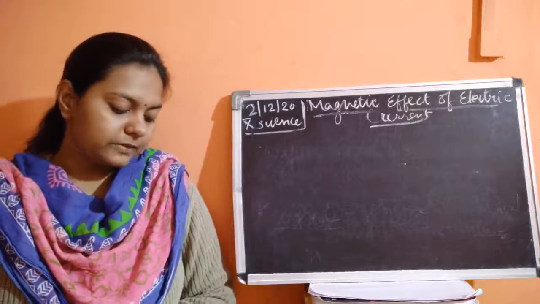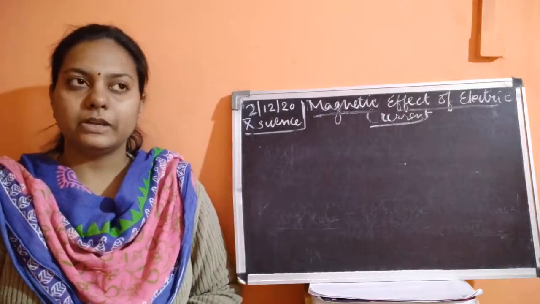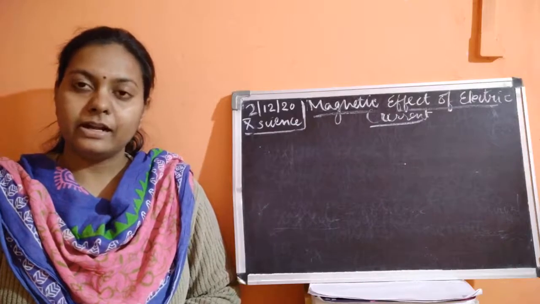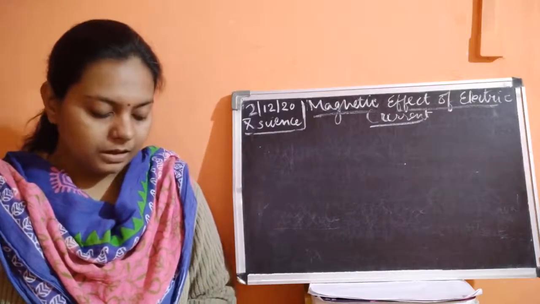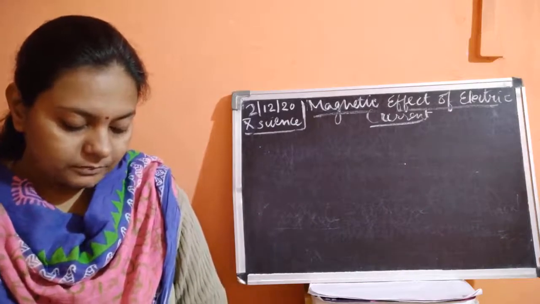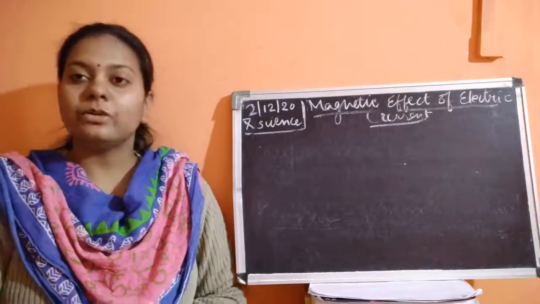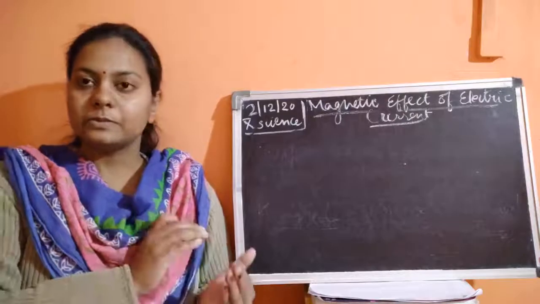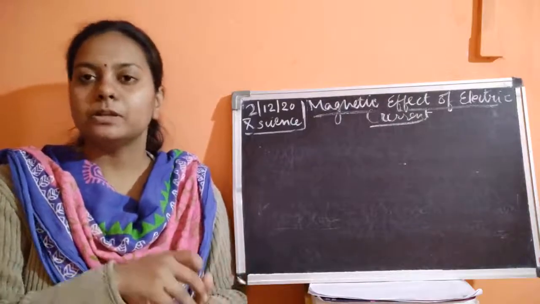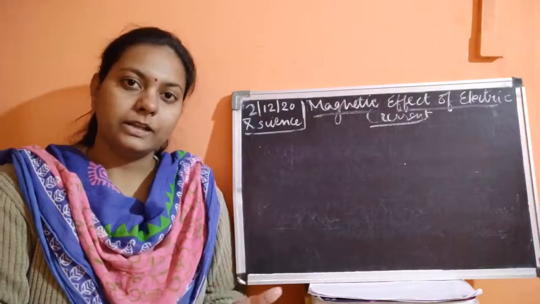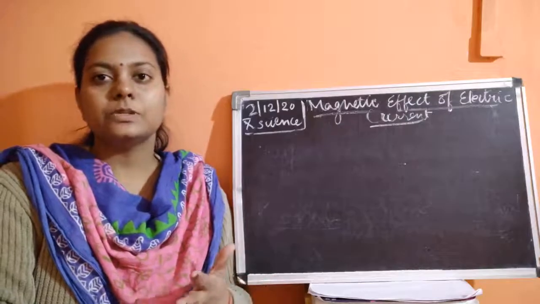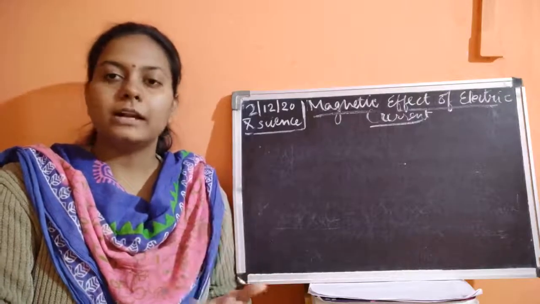The last property we discussed was that if we plot the magnetic field lines with the help of a magnetic compass, then those lines will align with the magnetic field as per the tangent drawn at that particular point.